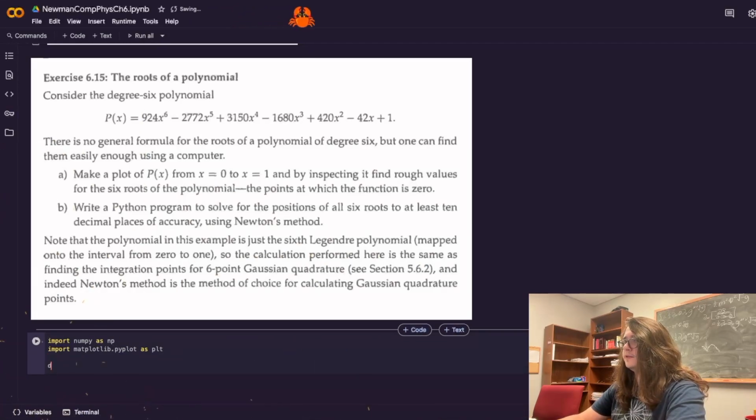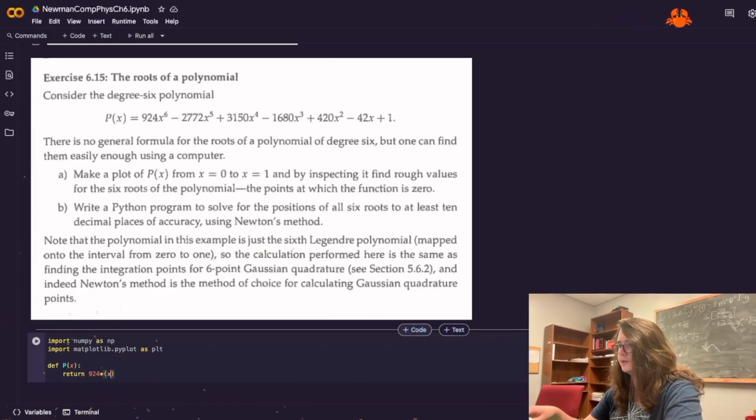Define the polynomial p of x to be returning 924 times, in parentheses, x to the 6th minus 2,772 times x to the 5th plus 3,150 times x to the 4th minus 1680 times x to the 3rd plus 420 times x squared minus 42 times x plus 1.